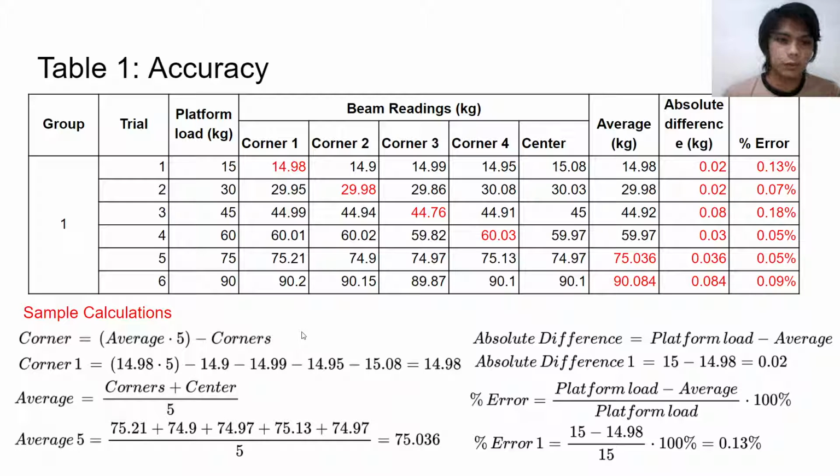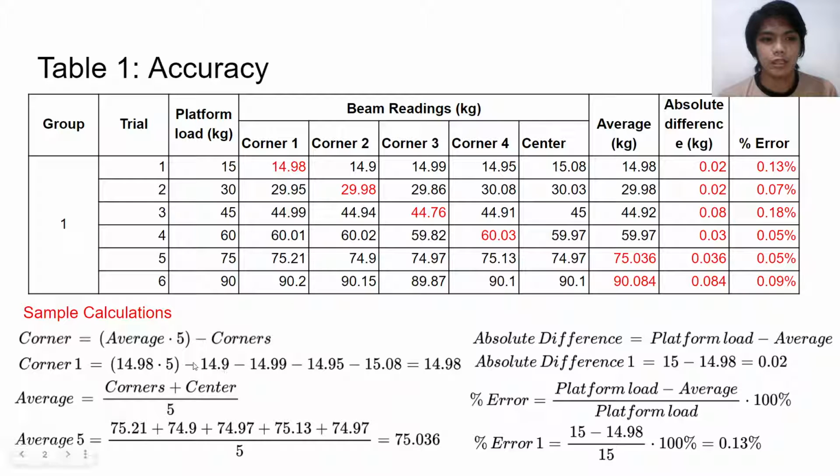An example would be for the corners. For corner 1 of trial 1, it is calculated by multiplying the average by the number of readings, which is 5, and then subtracting all of the other corner values.